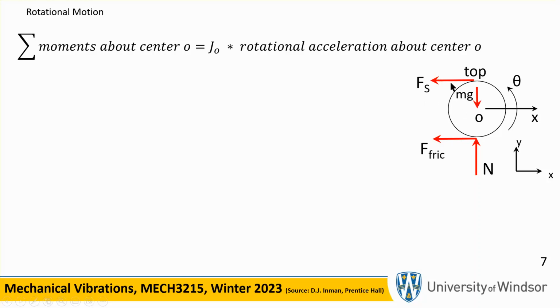And if you draw your friction force like this, based on the discussion that we had a few minutes ago, the only difference is that when you take a moment, you also have to take a moment of the force Fs about the point O, and that's just Fs times 2R in the k direction.